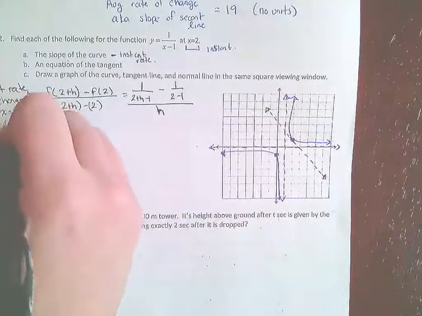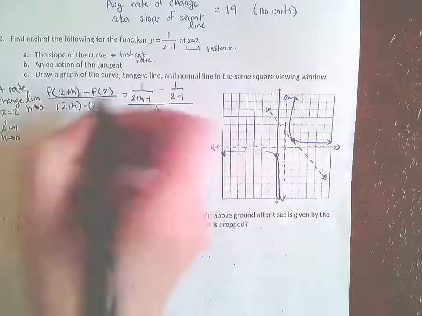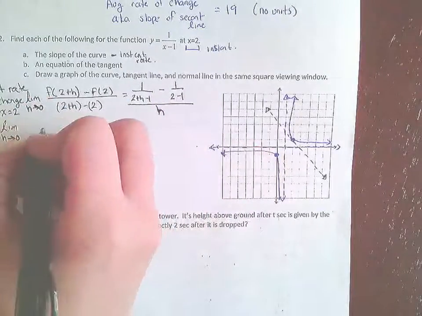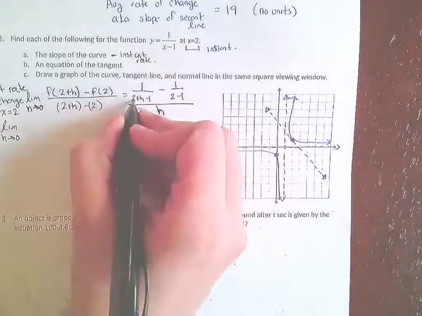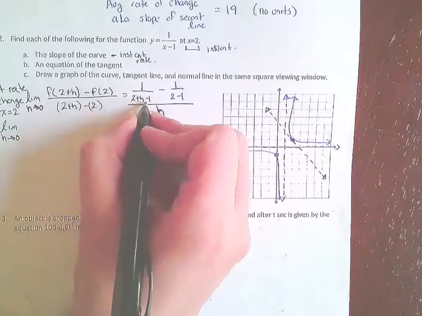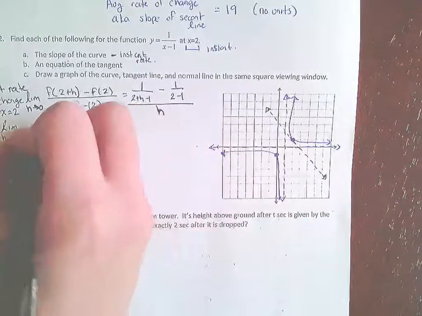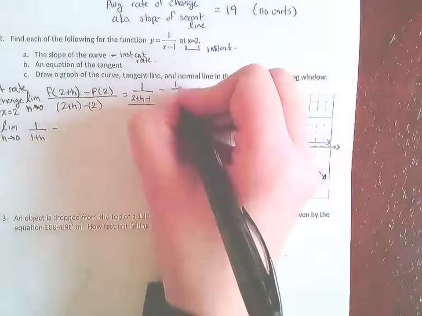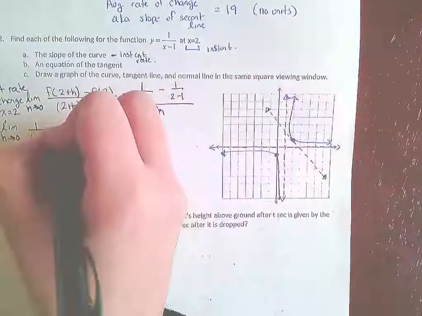So now the limit as h approaches 0, I'm going to simplify this out, which ends up giving us 1 over 1 plus h minus 1 over 2 minus 1, which is 1.